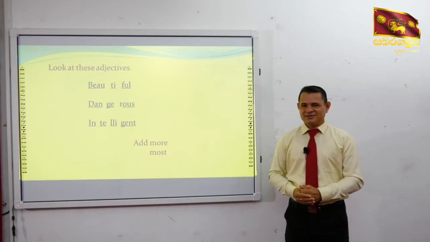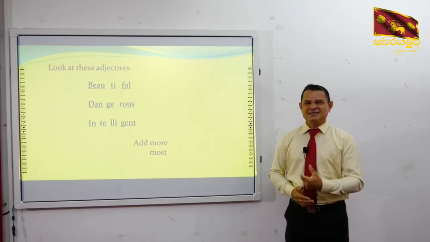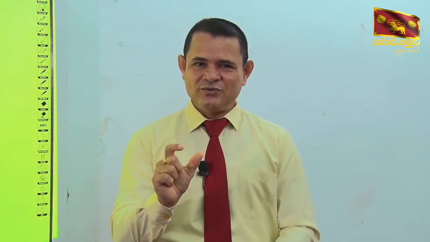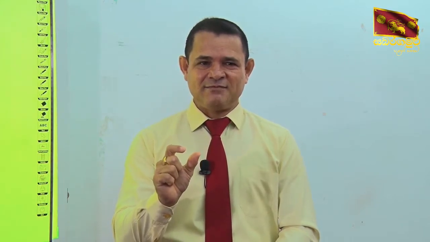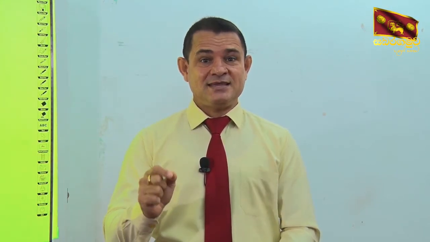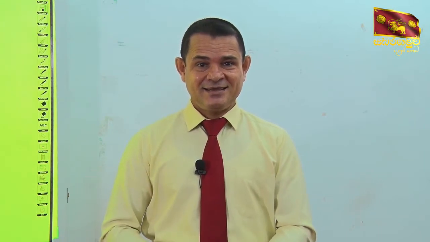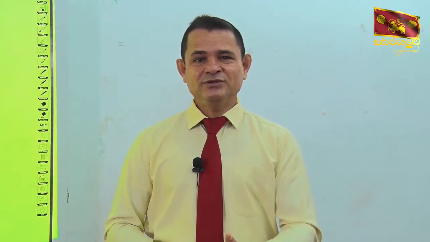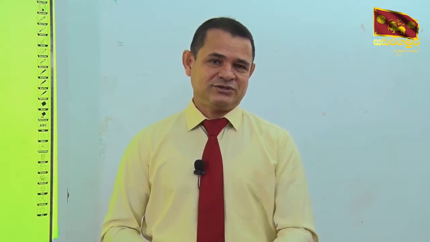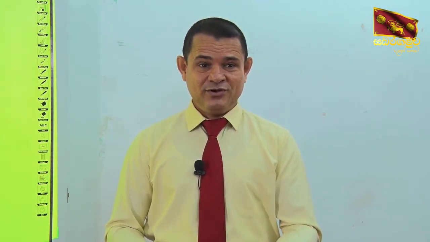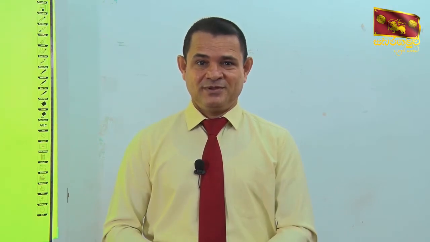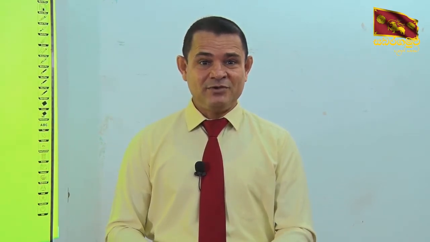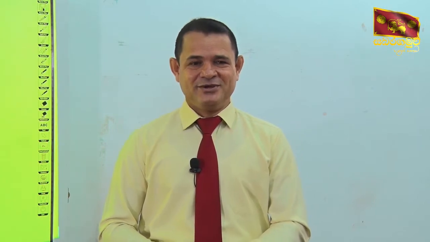So you got the summary, you can get an idea. In short, a way for you to understand and easily remember, short words, short adjectives make the comparative and superlative by adding er and est, and long words, long adjectives, you use more and most. More beautiful, most beautiful. Don't say beautifuler, beautifulest. Right, good.